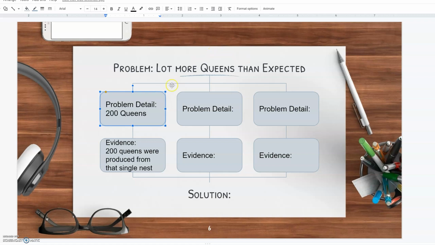Later when I'm trying to answer my prompt or my question, I can look at these details real quick and go, okay, I need that evidence, so I'm going to grab it. That's what helps us when we're writing this in lesson 4. You'll do these problem details first because it helps us understand and build the problem, and then we add our evidence as our supports. So we just keep doing this.